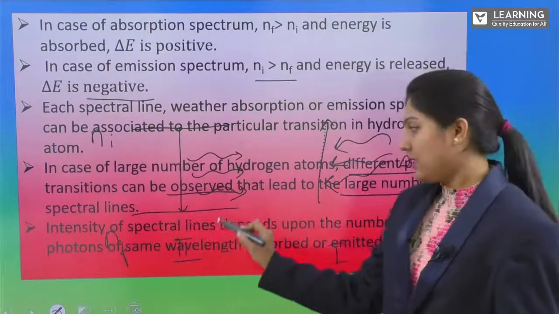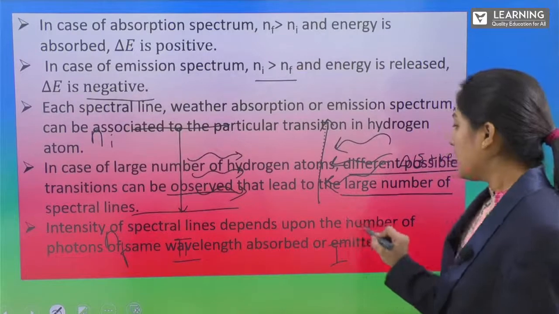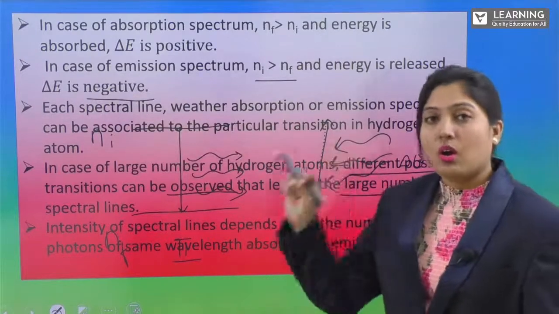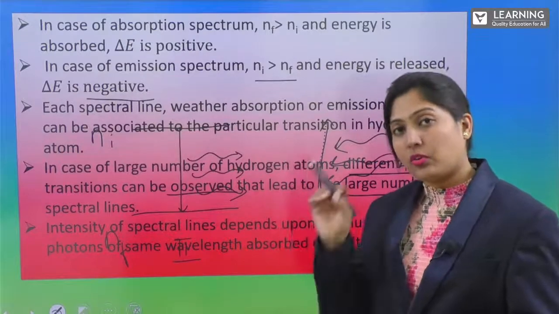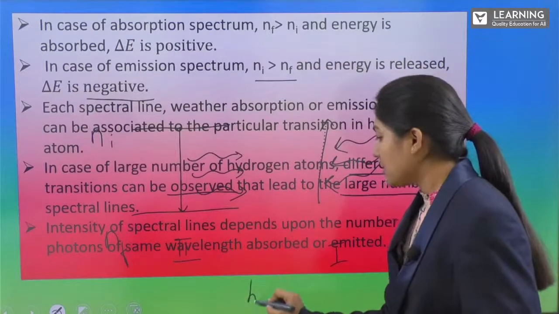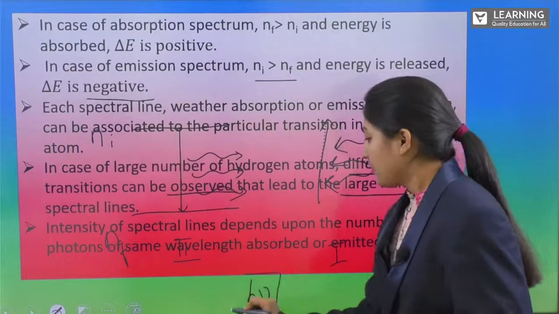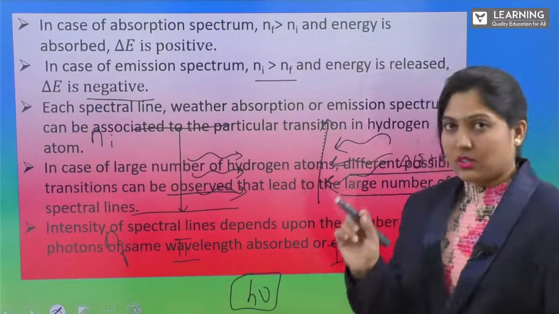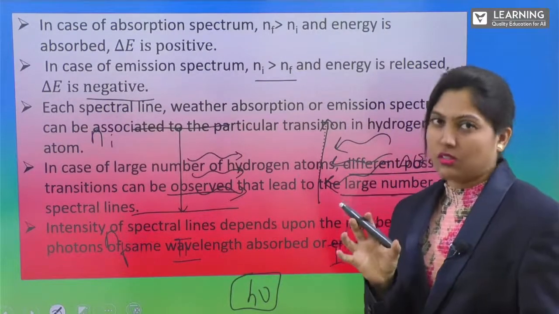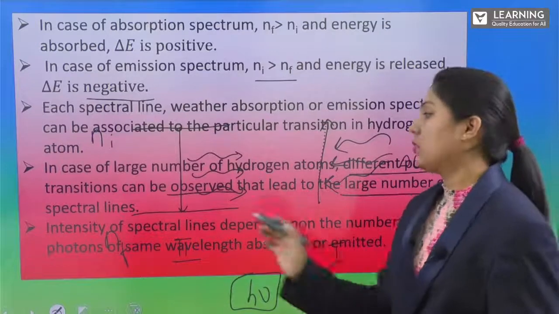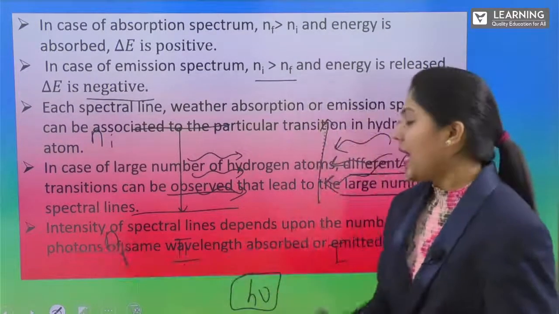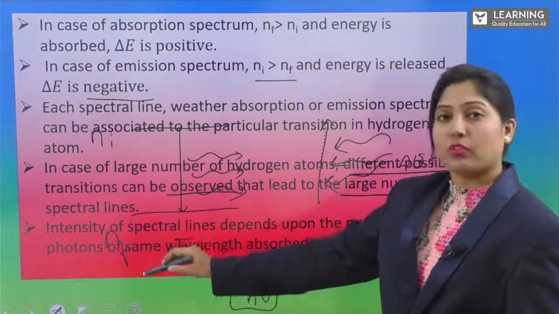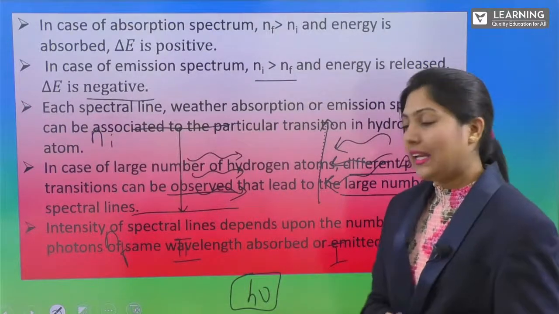Intensity of spectral lines depends on the number of photons which are striking the electron. As we know, a photon is given by h mu. One packet of energy is equal to h mu, and that is called a photon.